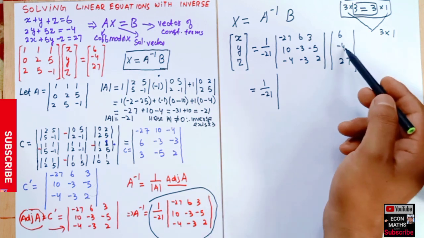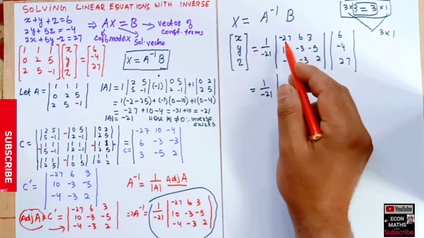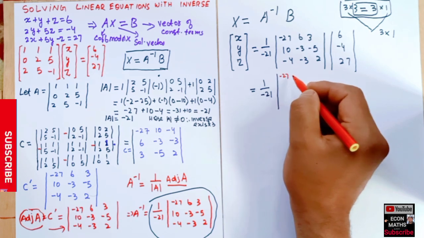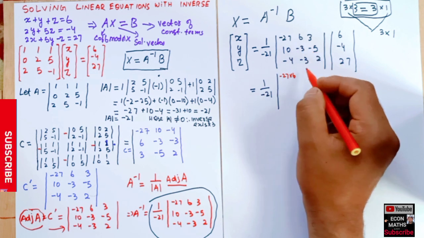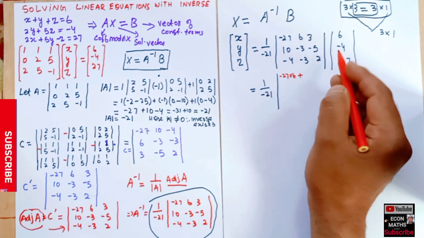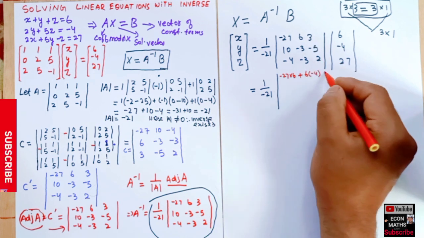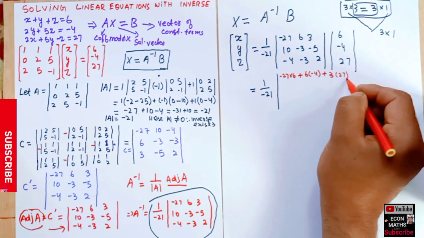So here are 3 elements in the column, here are 3 elements in the row, so we can multiply these two. Now multiplying this minus 27 with this 6, that is minus 27 into 6, plus 6 into minus 4, plus 3 into 27.